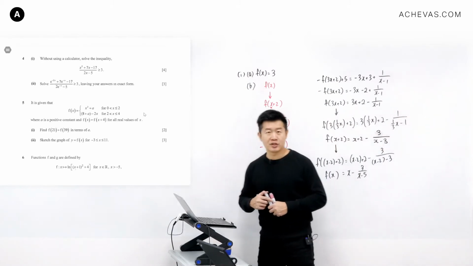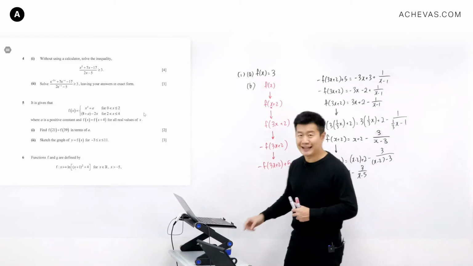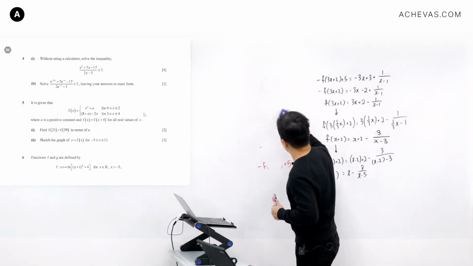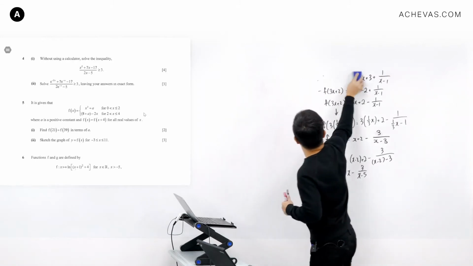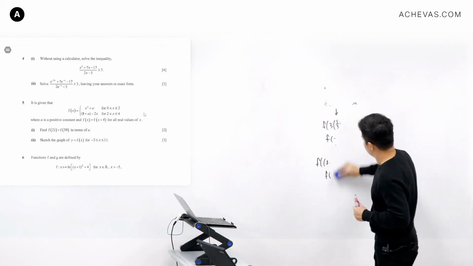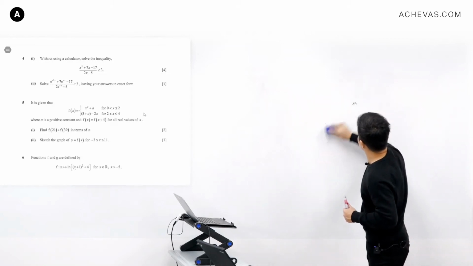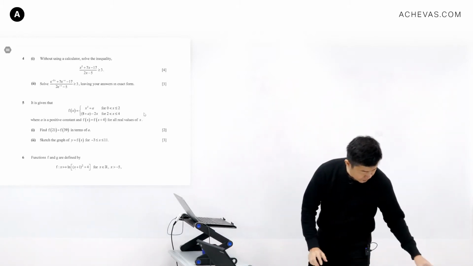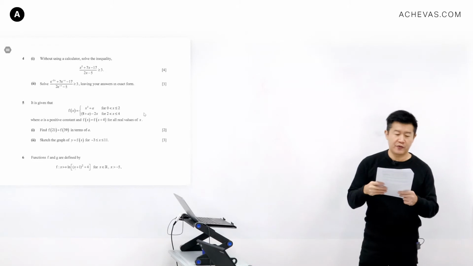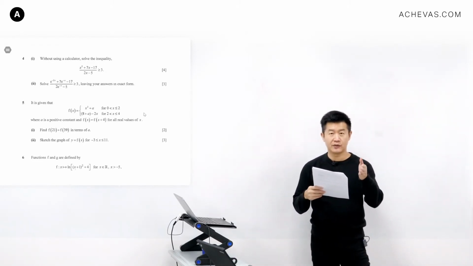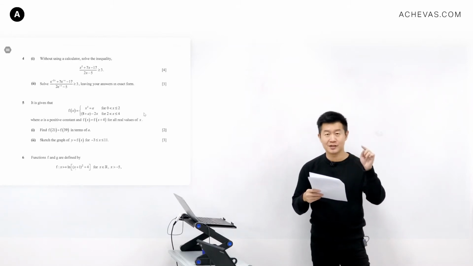Next, let's take a look at question number 4, solving an inequality. Question number 4, part 1, says, without using a calculator, solve the inequality.